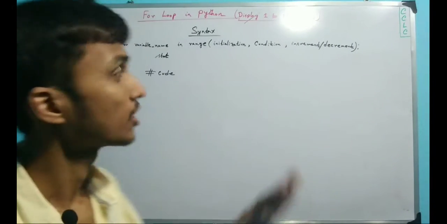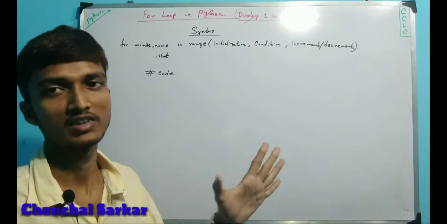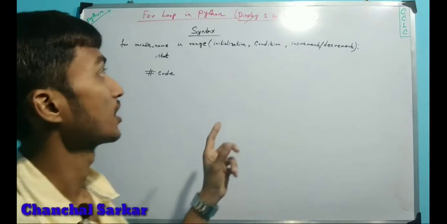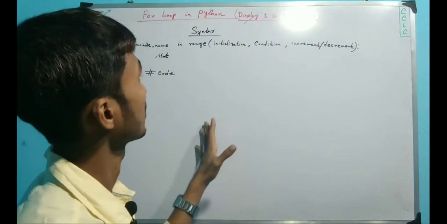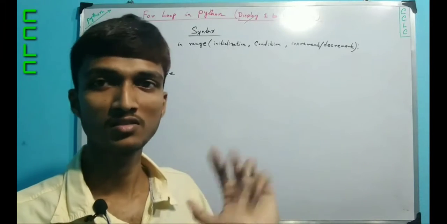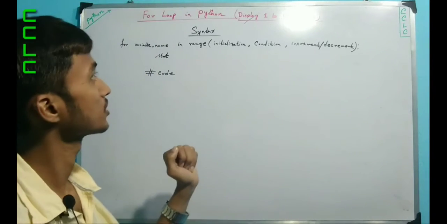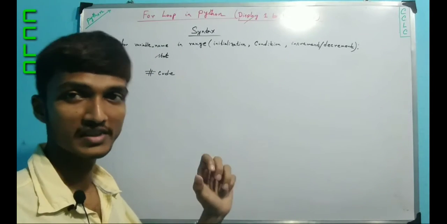Today we discuss the for loop in Python, and we write a small code to display 1 to 10 serially. First, the for loop syntax.